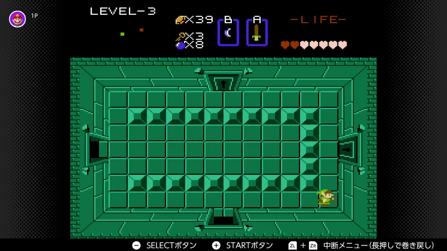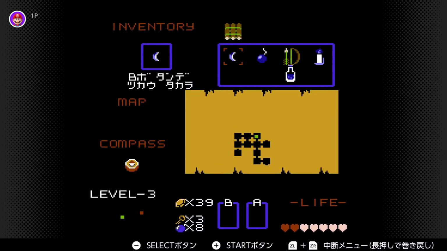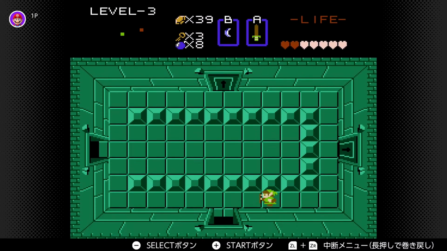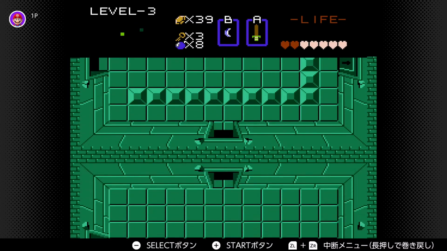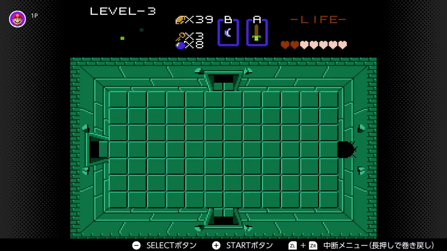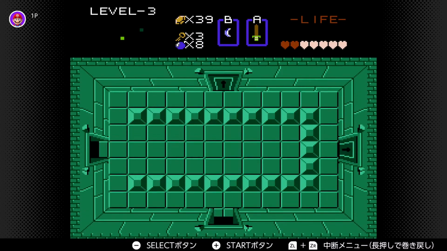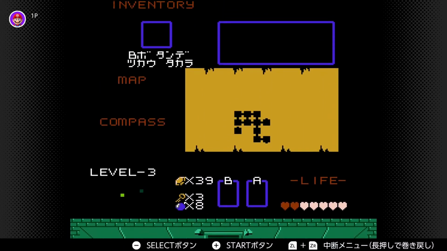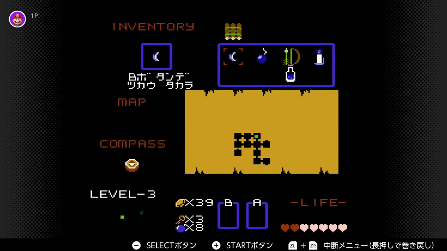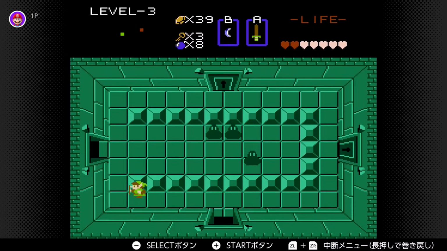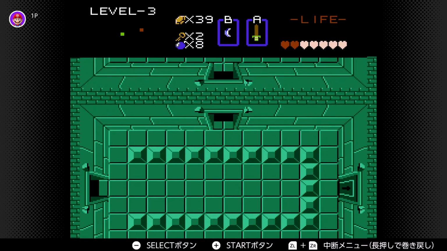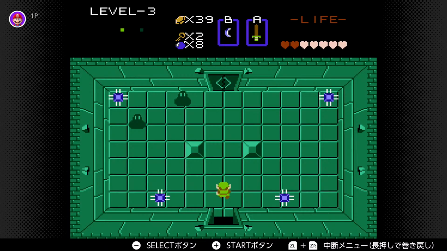Okay, we can continue. Let's check the map. Okay, if we go below, we go back to a previous room, which is this one. We could technically avoid using the key, but the key to the right, since we unlocked the shortcut, but we'll unlock it anyway.